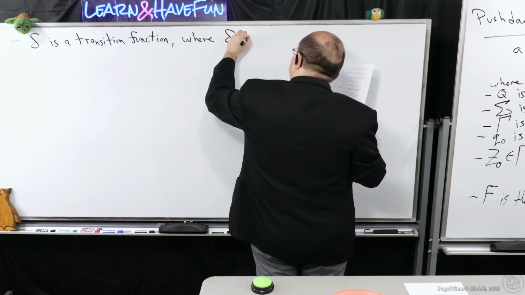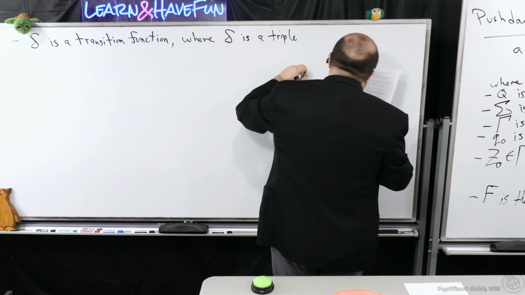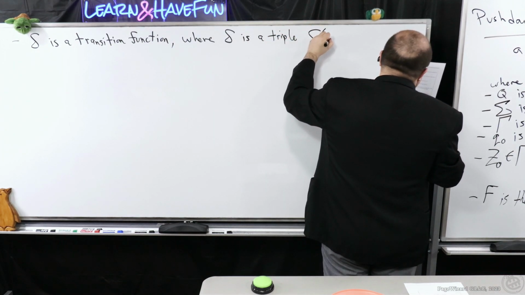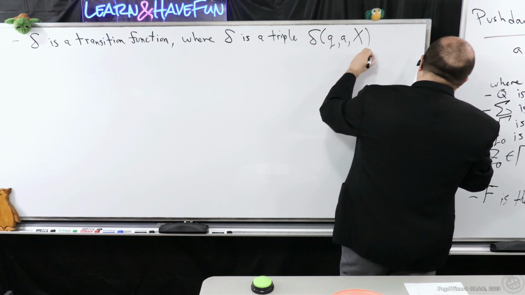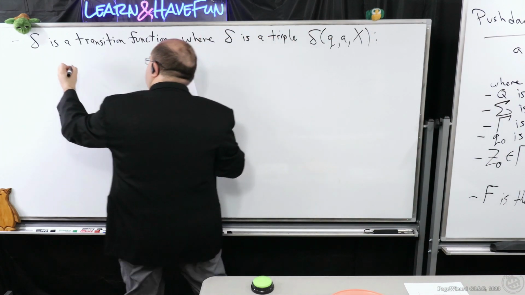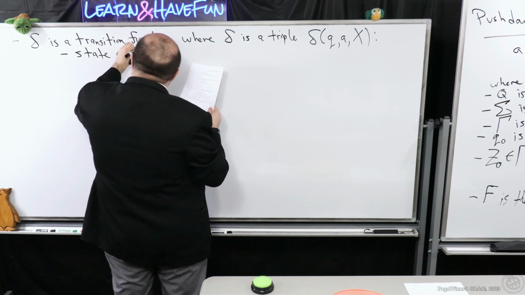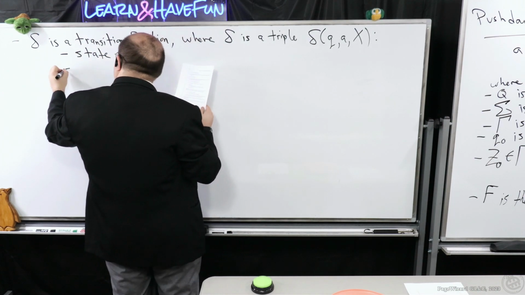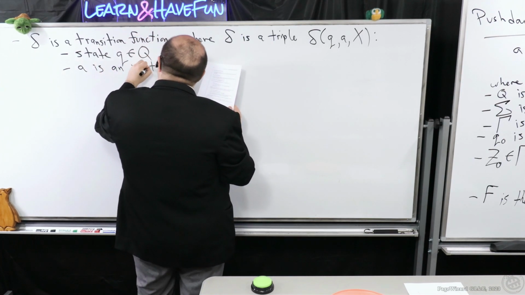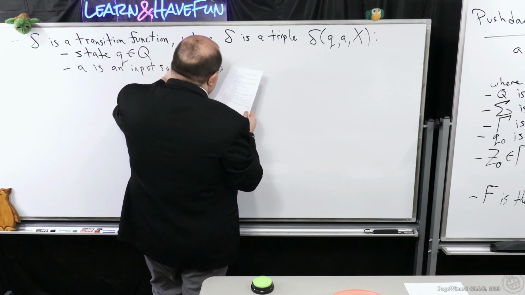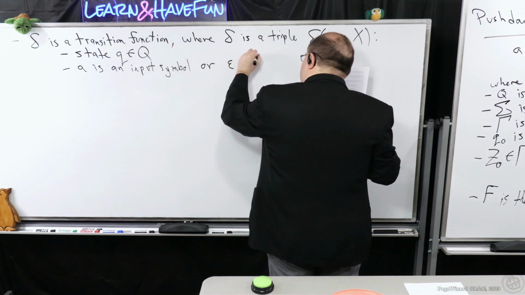Its form is going to be a triple, or three tuple, Q, a, X, where Q is a state among the states, and a is an input symbol or epsilon. And remember, epsilon is not an input symbol, just like with the epsilon NFA.